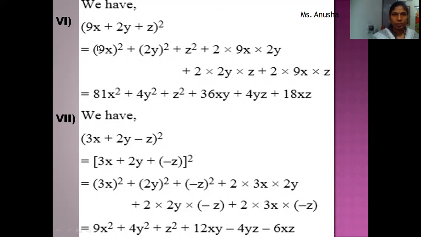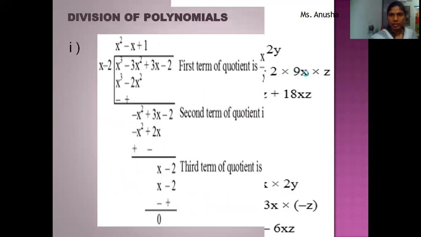See here, in place of a you have to put 9x, in place of b you have to put 2y, in place of c you have to put z. So a square plus b square plus c square plus 2ab plus 2bc plus 2ca.